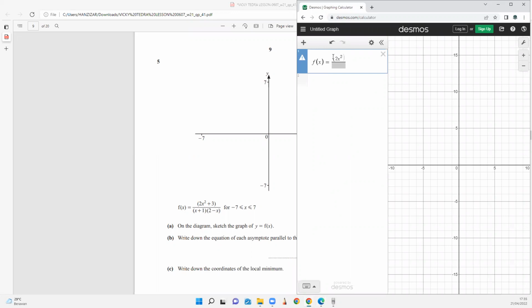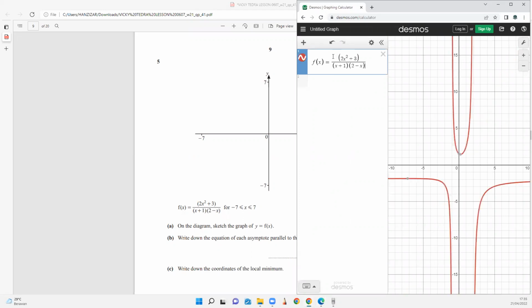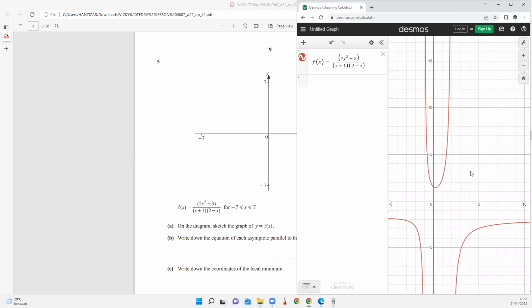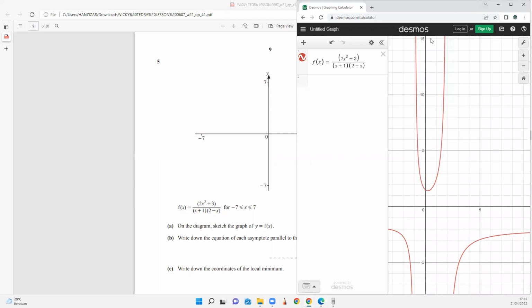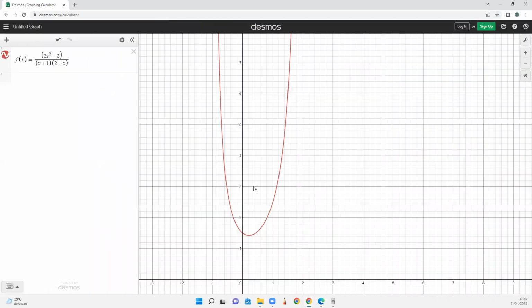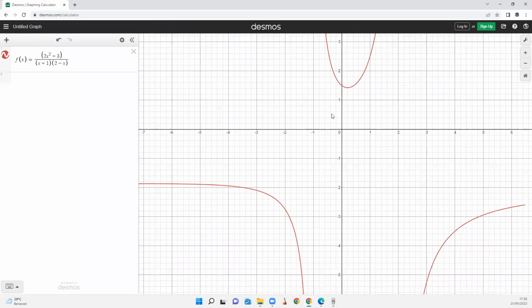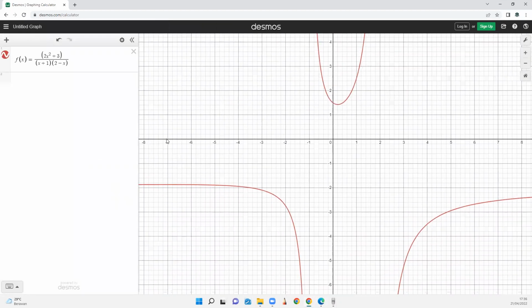Use your calculator, close the bracket, over x plus 1, subtract x. Right. So negative 7 to 7, I mean. So this will be there you go. -7 to 7. So this will be the point.